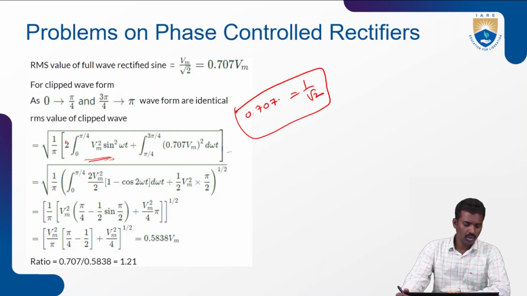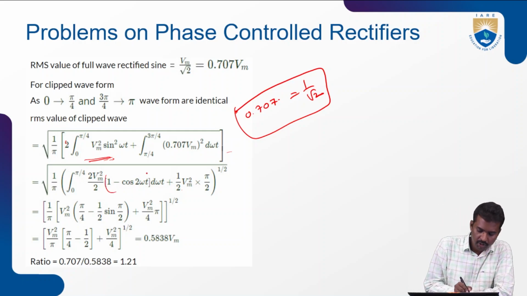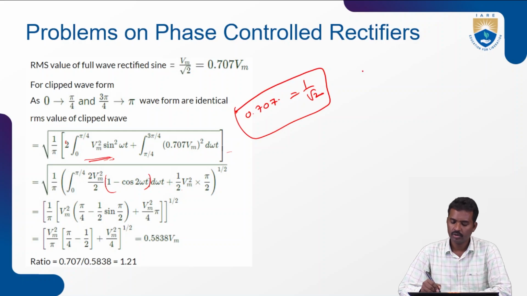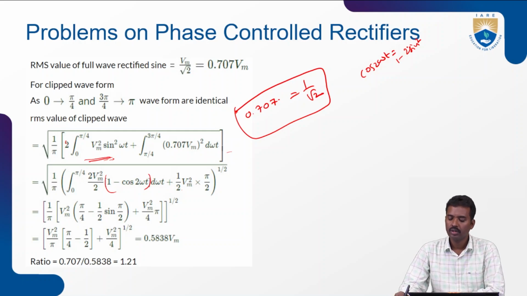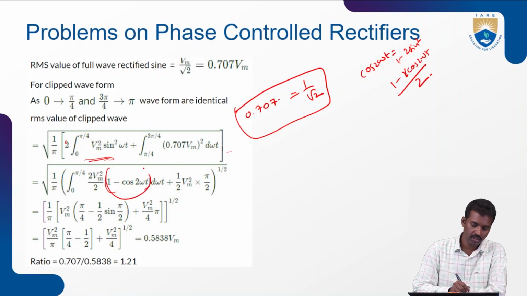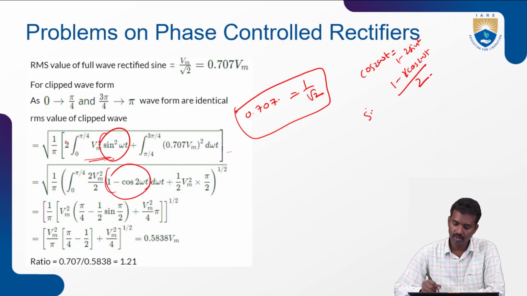So now here, sin square omega t means 1 minus cos 2 omega t by 2, because cos 2 omega t equals 1 minus 2 sin square omega t.